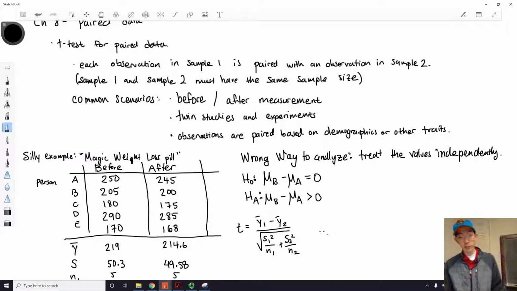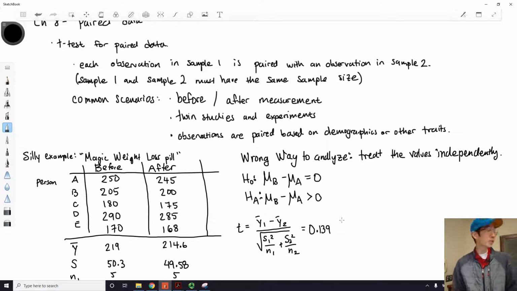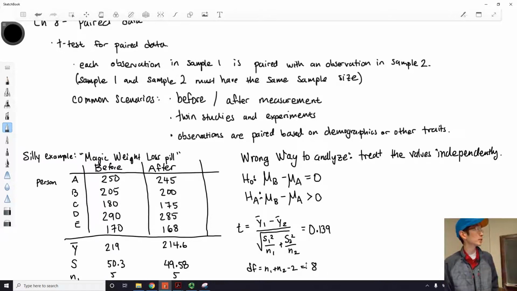You have 5 observations. You just have to take my word for it. In the interest of time, I'm not going to go through the number crunching, but you're going to get something like 0.139. And the degrees of freedom would be n1 plus n2 minus 2, so we would have 8 degrees of freedom.